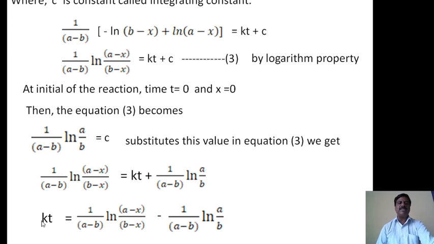Again you have to transfer, because we require the rate constant k. Therefore kt is equal to 1 divided by (a minus b) ln of (a minus x) divided by (b minus x), minus 1 divided by (a minus b) ln of a by b. Again you have to take the common factor, which is 1 divided by (a minus b).